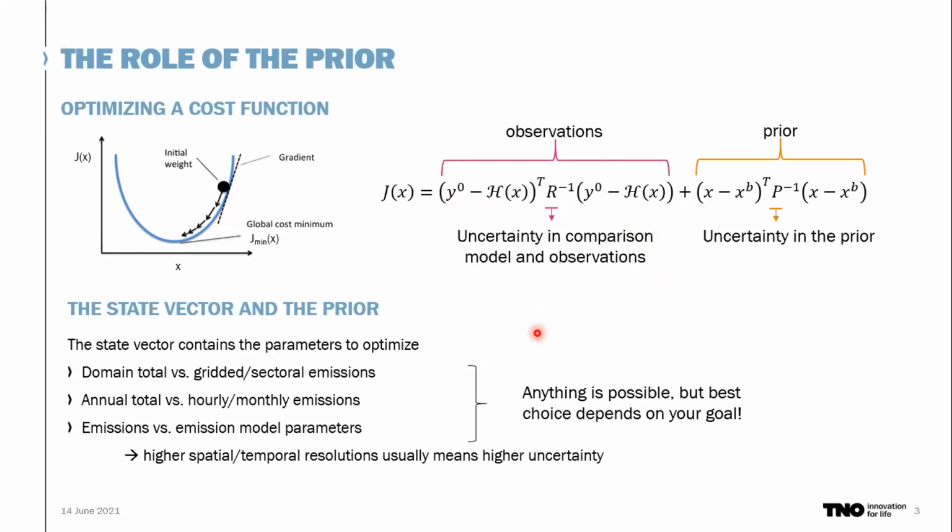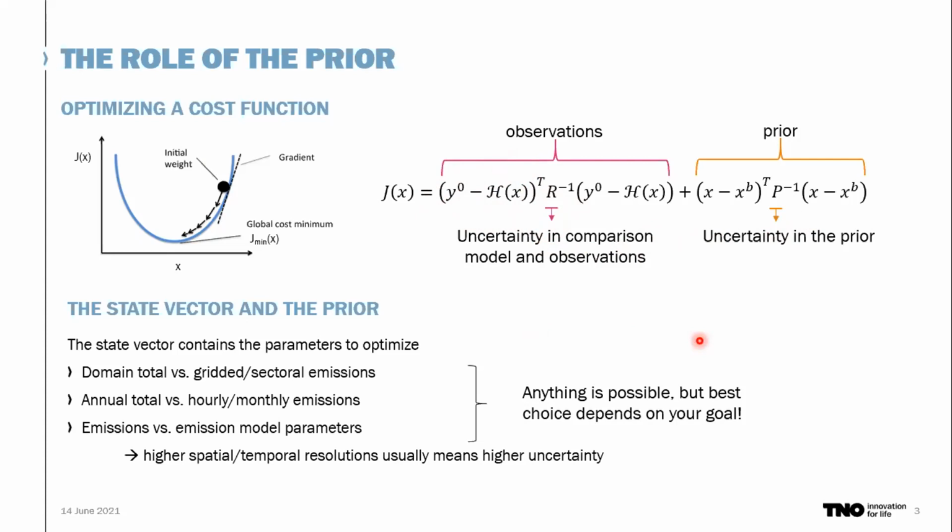So let's say you have very good observations and you trust them completely and you really do not know very well the prior emissions. These terms basically ensure that in the end you end up with emissions that, if you put them in your forward simulations, are very close to the observations.